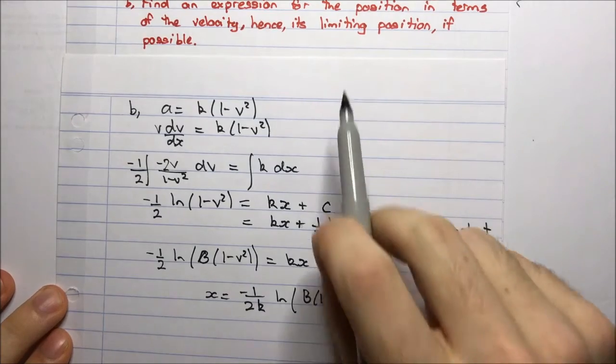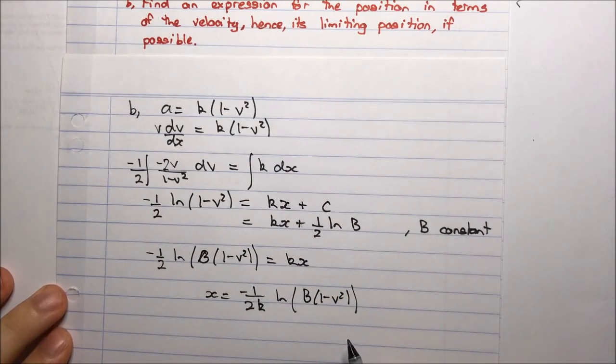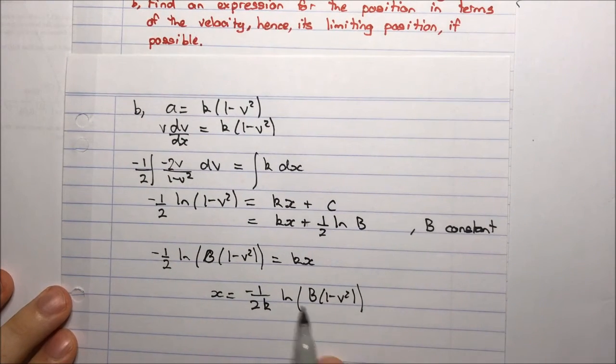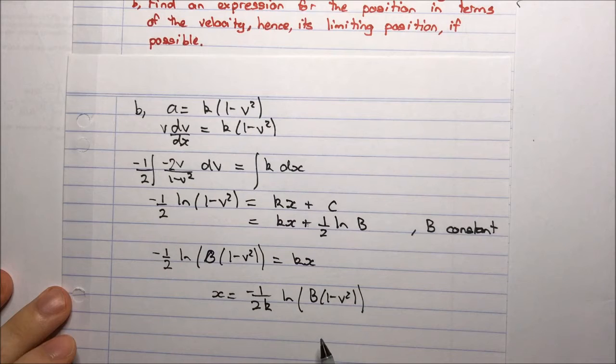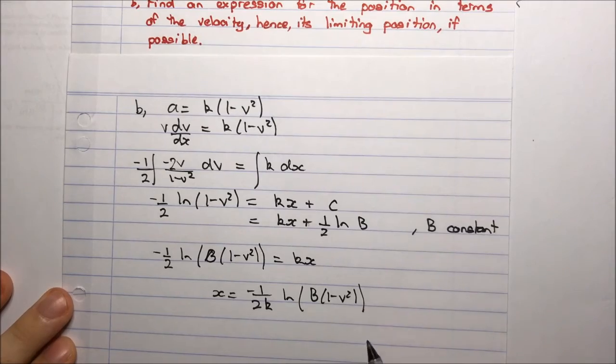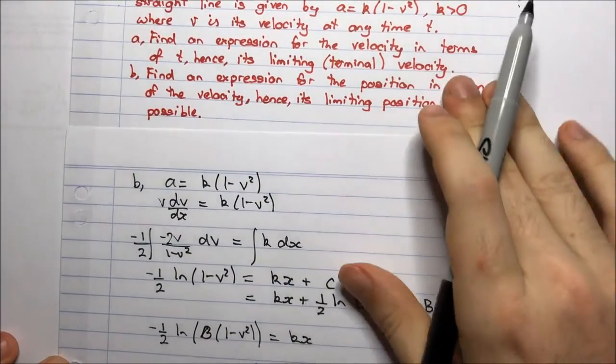Okay, and we also need to find the limiting position if possible. So the limiting position is the position as t approaches infinity. Well, we don't have an expression for x in terms of t, but we do have x in terms of v, and we know the value of v as t goes to infinity. That's what we worked out as the terminal velocity in part A, and that was 1.